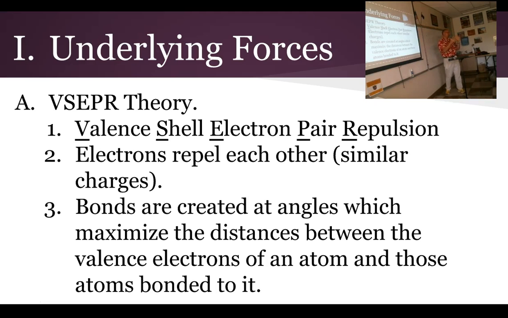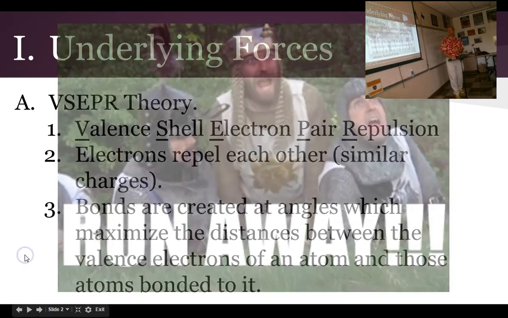If you have four negative things, then it looks kind of like a jack, like that game you played, called a tetrahedron. The more points of negativity you put on that sphere, the more complicated the geometry gets. So we're going to be looking at bond angles and shapes of electrons, but it's all tied to this idea that electrons want to be as far away from each other as they can, while still being close to the nucleus.